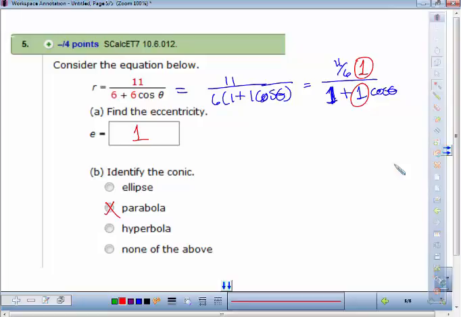So let's see if we can find the Cartesian equation of this. So we have these two values so far. I could try to graph it and see how it's going to look.